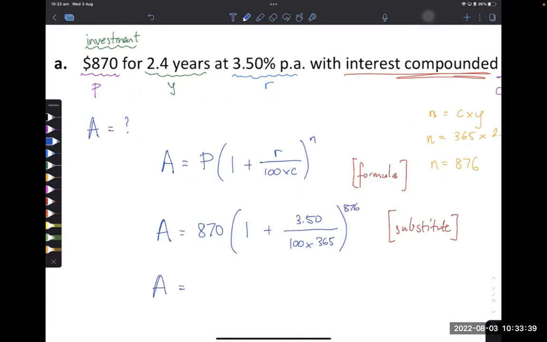Now, for those of you who don't have a calculator, please, first of all, get your calculator. Or right now, if you don't have one, please share with someone. You need to know how to type this in the calculator.